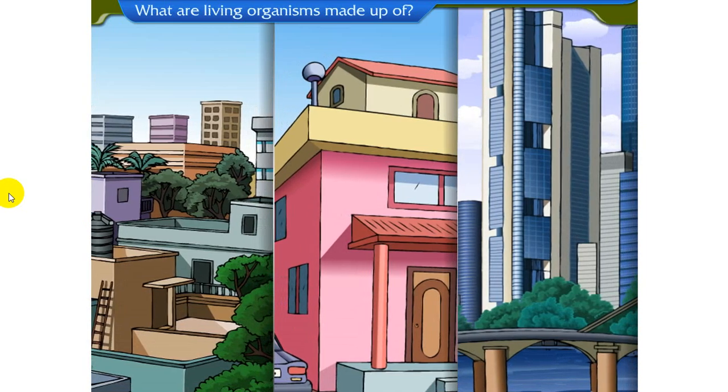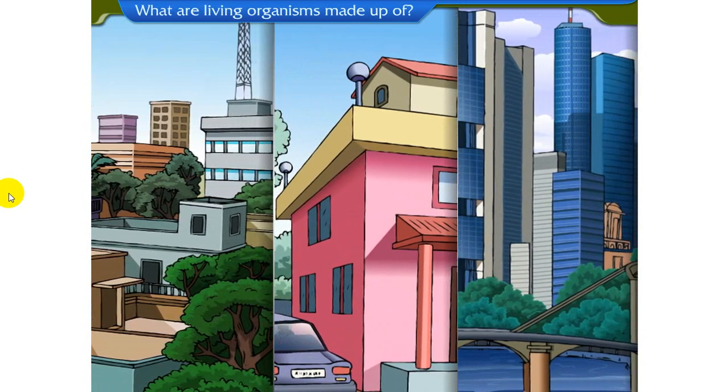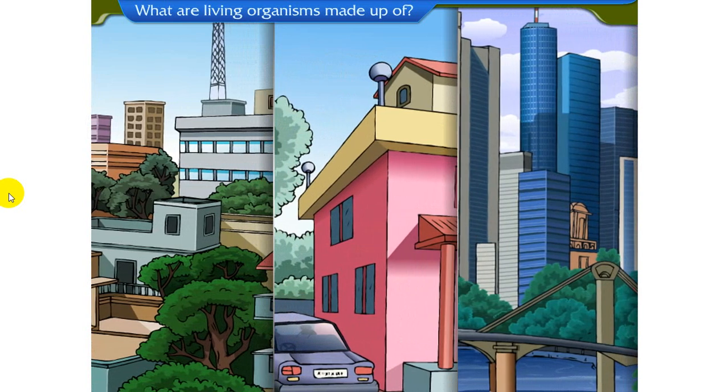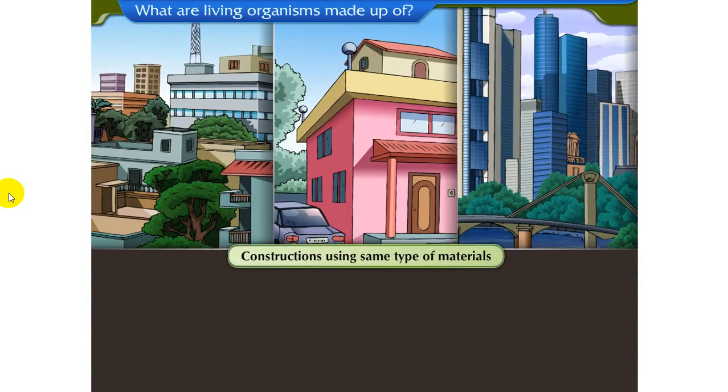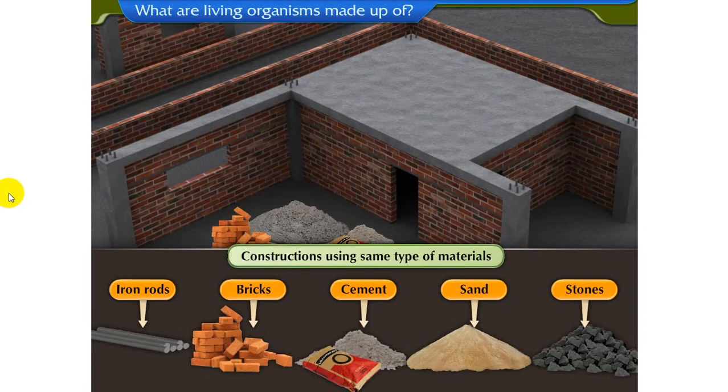We observe small buildings, bungalows and tall towers, which are the places of human residence. These are constructions using the same type of materials such as iron rods, bricks, cement, sand, stones, etc. These non-living things are made up of building blocks.